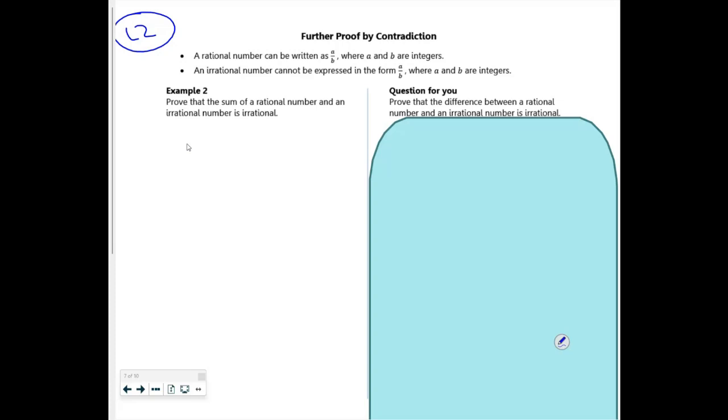Right, so it says prove that the sum of a rational number and an irrational number is irrational. So what I'm going to do is assume that the sum of the rational and irrational is rational. So that's what my contradiction is going to be. Let me just change color on that.